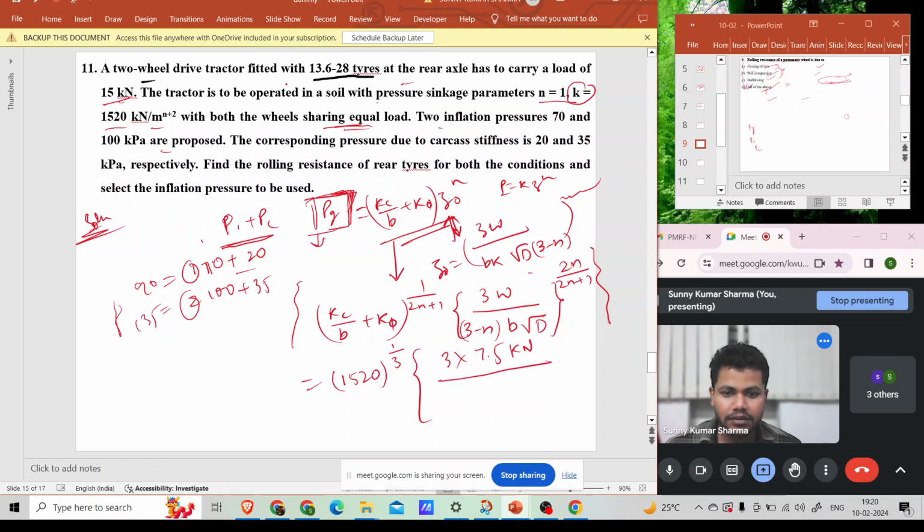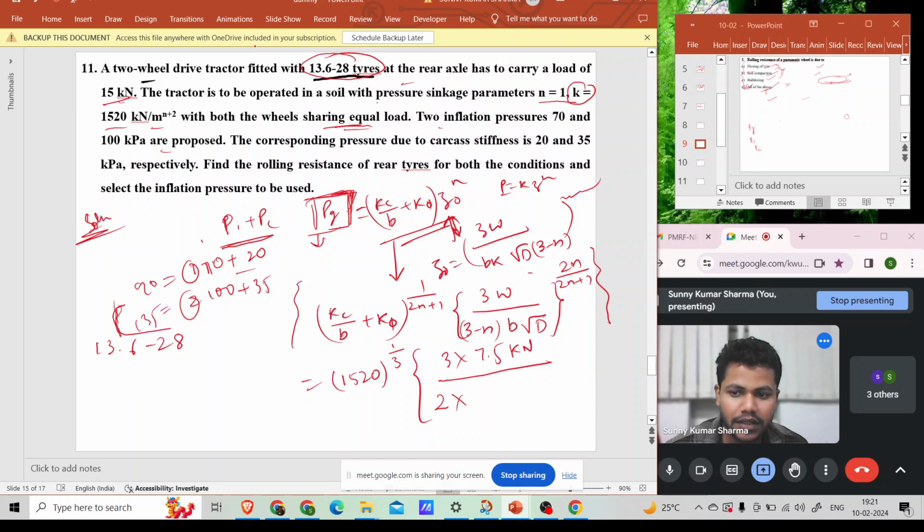(3 minus n) is 2 into width of the tire. You have to calculate it from there. This is 13.6-28 tire. So how will we calculate width? 13.6 is what?